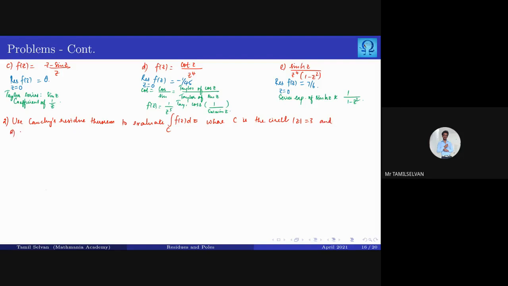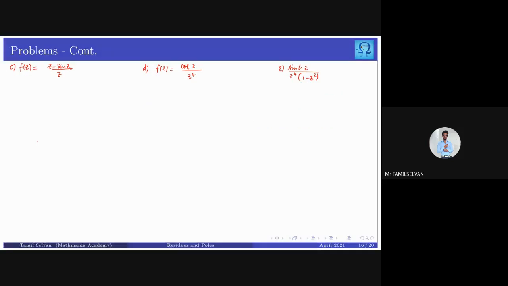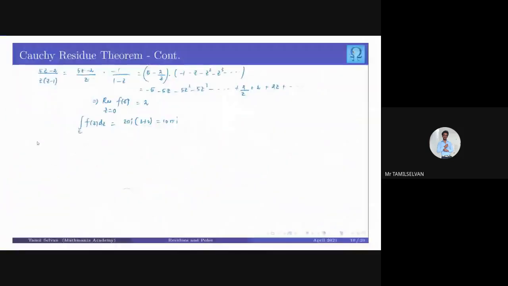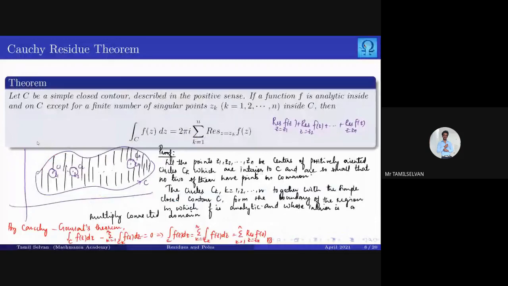Okay, the first function is exponential of minus z upon z squared. Okay, now let us go back and see what Cauchy residue theorem tells us.